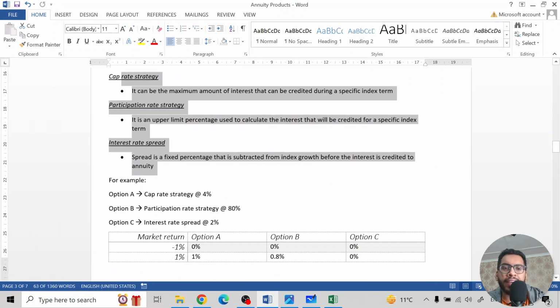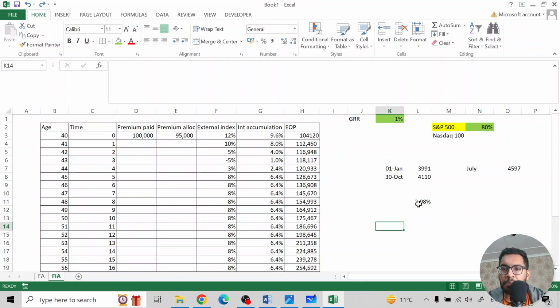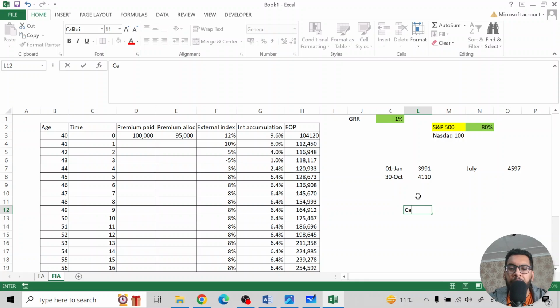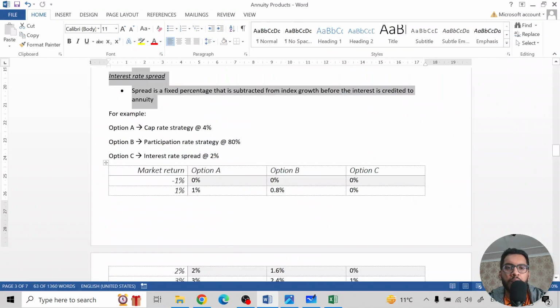If I summarize this strategy concept, let's take a look with the help of an example. Let's say that as a cap rate, I am giving you 4%.